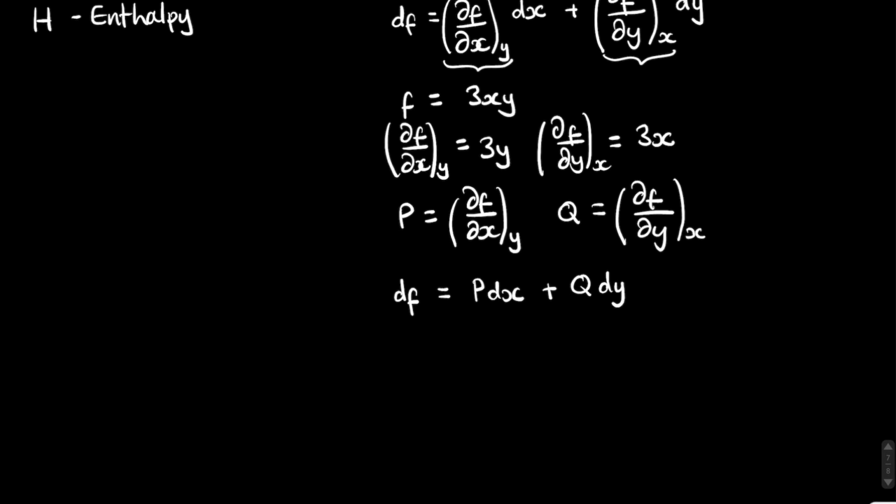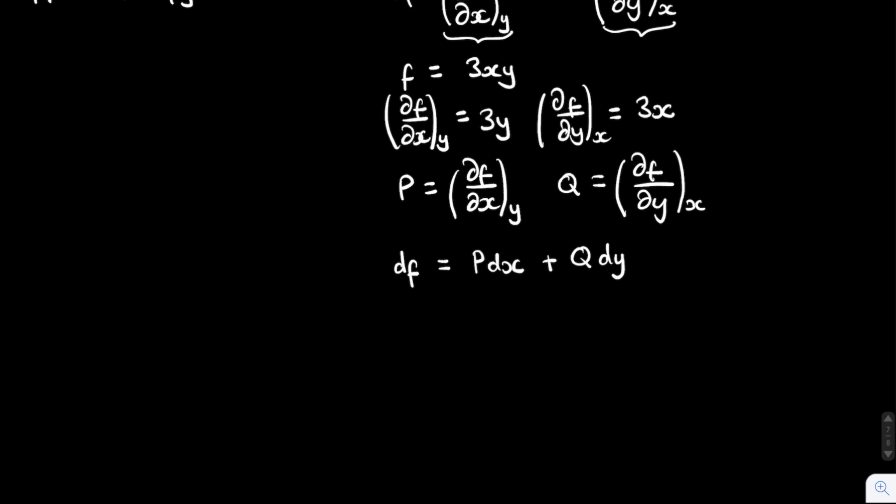So what an exact differential is: if I take the partial derivative of p, this time with respect to y, then if the differential is exact, dp by dy, this time keeping x constant, is exactly the same as the derivative of q with respect to x.